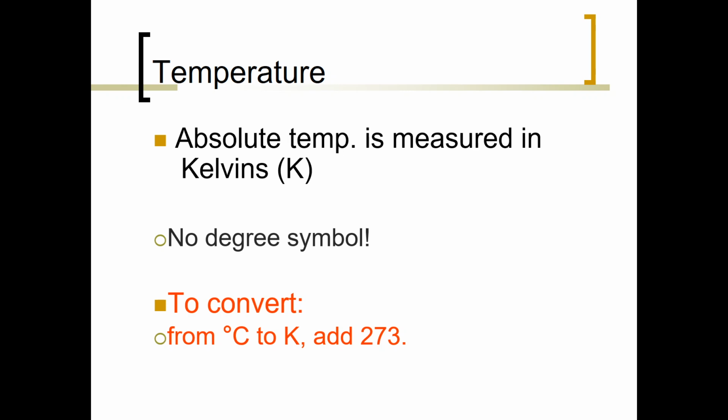It's 273.15. So to convert between degrees Celsius and Kelvin, add 273.15. From Kelvin to degrees Celsius, you subtract 273.15.